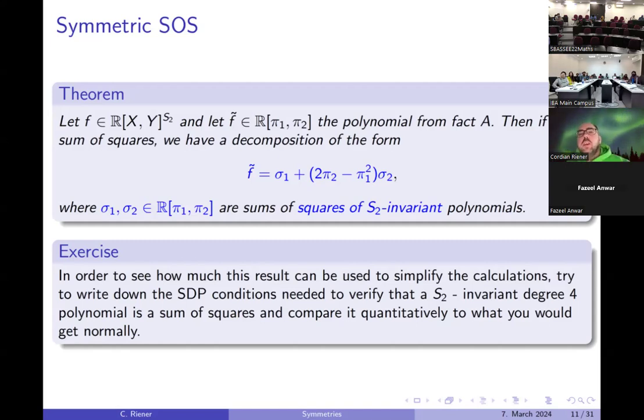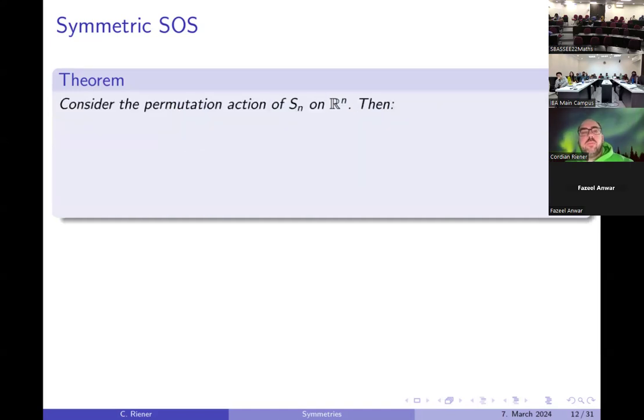Just playing around with the degrees and the coefficients involved in these two expressions, you see that checking that this second condition holds is a little bit easier than checking that the first condition holds. It's easier also because the group that we had was not actually so exciting.